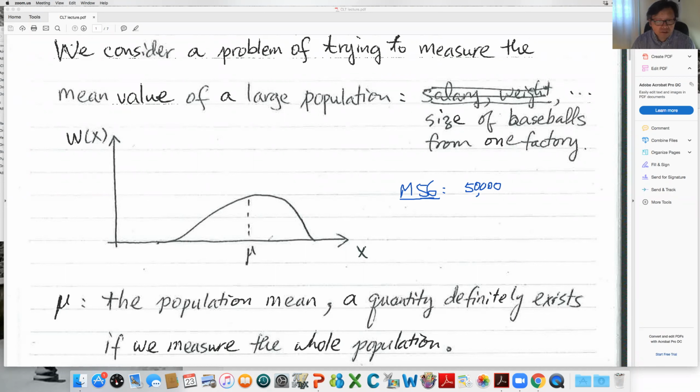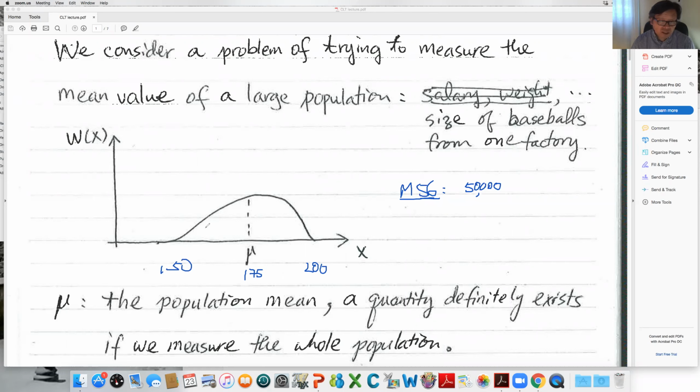So if you go count and say this is 175 pounds, and this is like 200 pounds, this is like 150 pounds, and so forth.